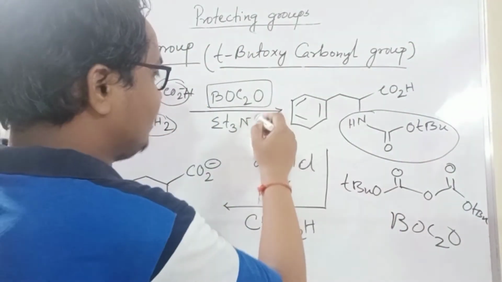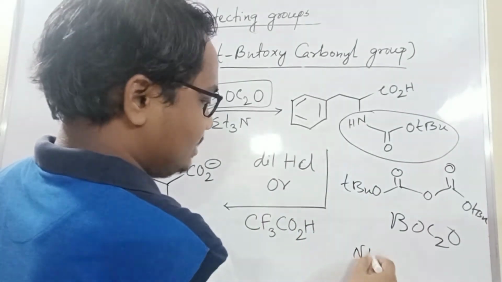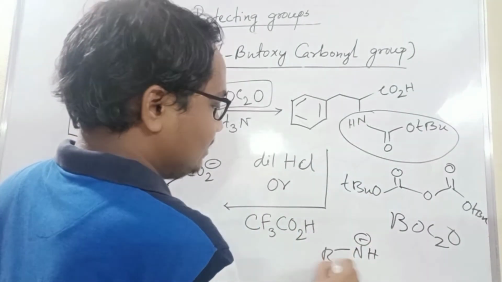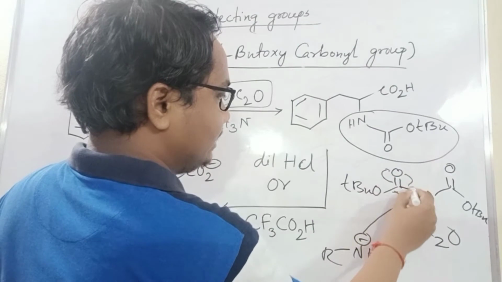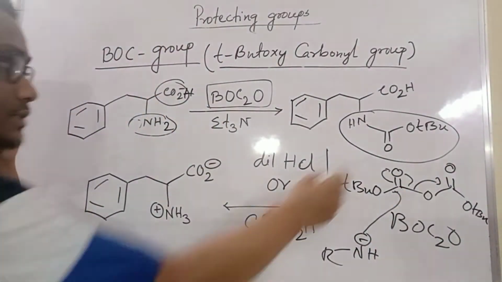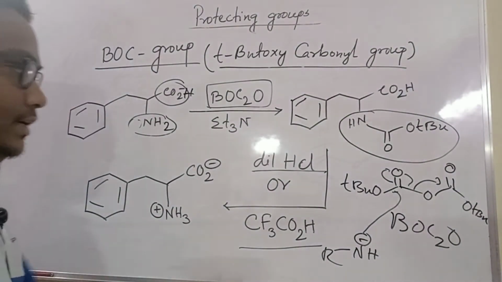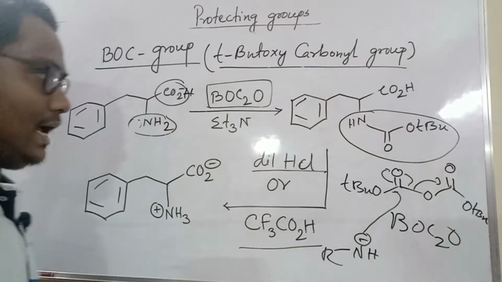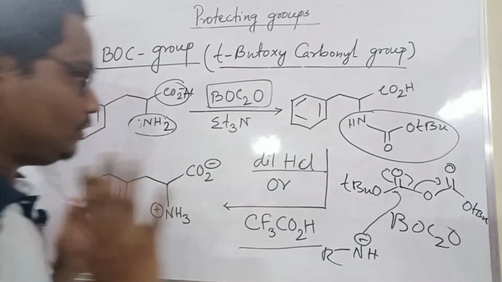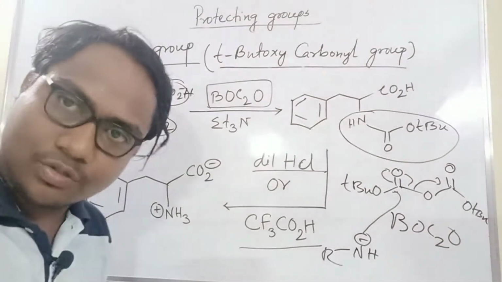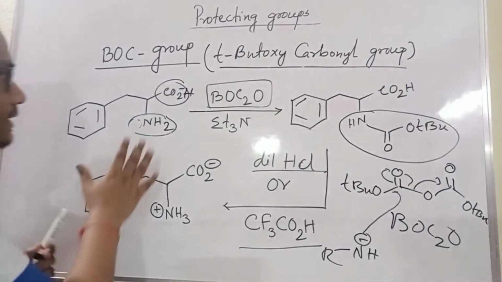So one question will come here. If you NH2, means NH minus with R, it will come here and it will go. Then one question will come. So it is Boc. Then dilute HCl or trifluoroacetic acid is used for deprotecting. How do you protect? In the previous method you also saw Cbz and this also.